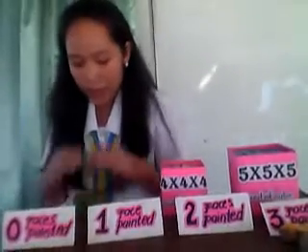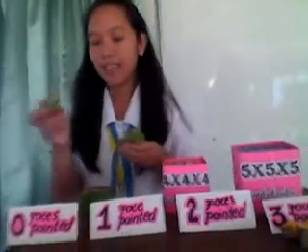We're going to identify and classify how many cubes had 3 faces painted, 2 faces painted, 1 face painted, and 0 faces painted. So, we're going to cut the cubes. This is a 3 faces painted cube.